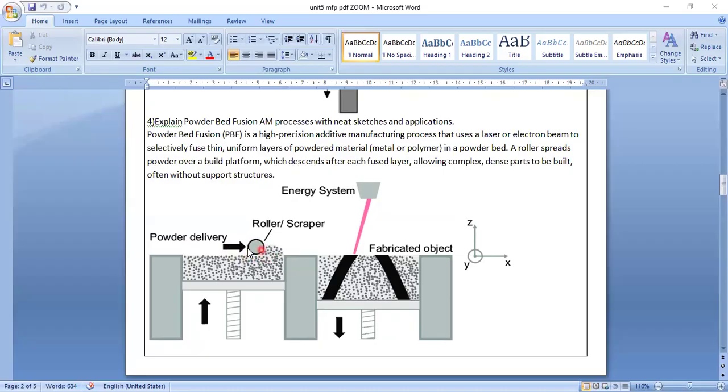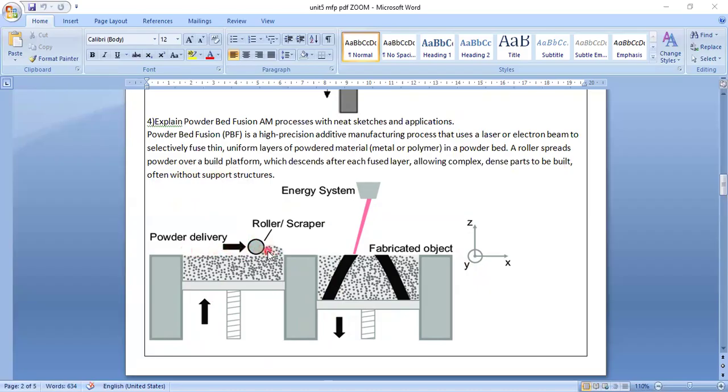Here also you can see a beam sending energy to fabricate. The platform can be moved up and down, in the x, y, and z directions.